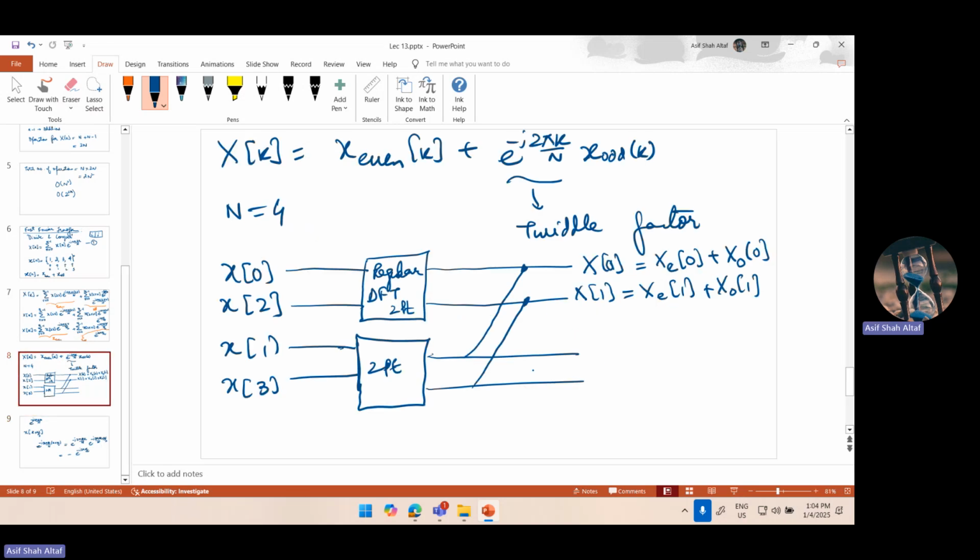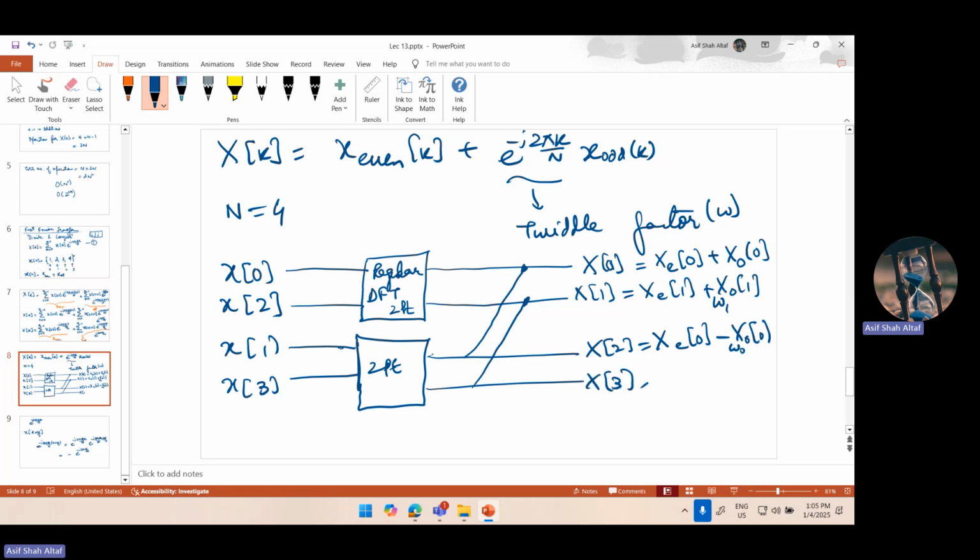So for the rest of the components, suppose for x of 2, we'll use x e of 0 minus x o of 0. So with the minus, you will also have a pivotal factor. Let me call it w. So a small w you will have here also, and here it will be w0, which is 1.